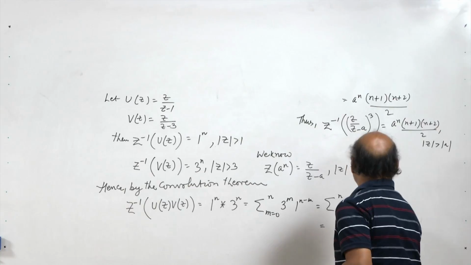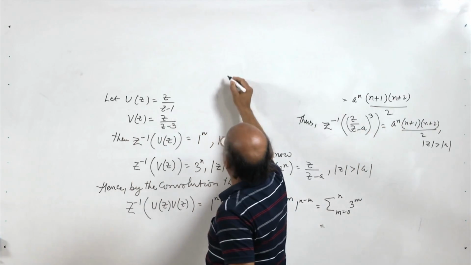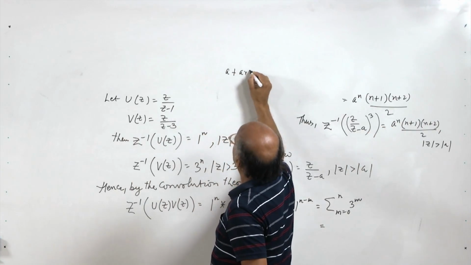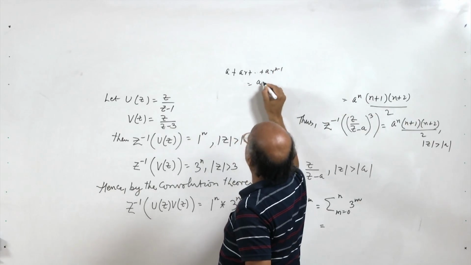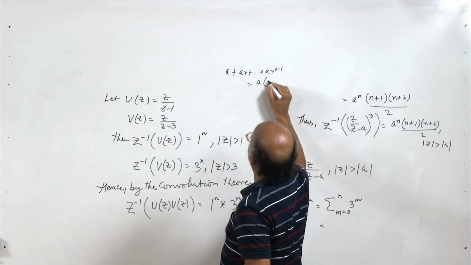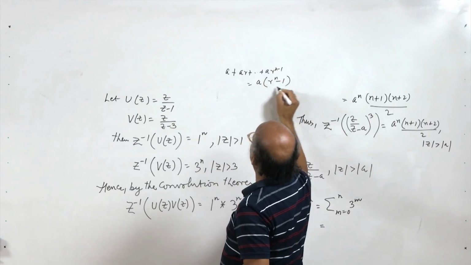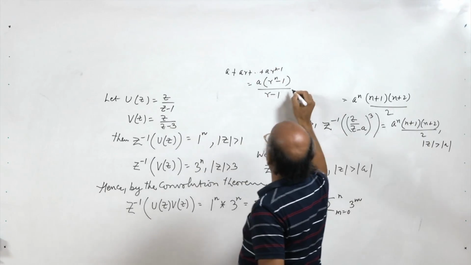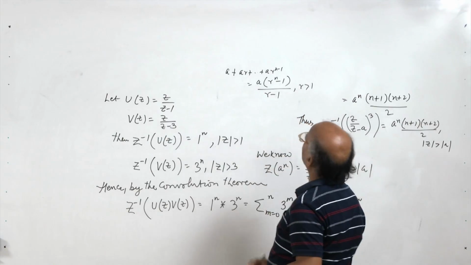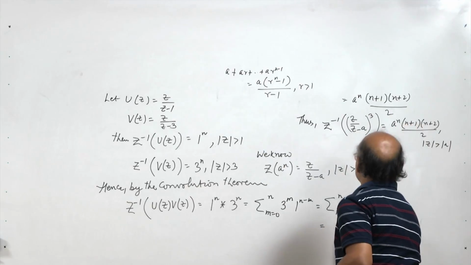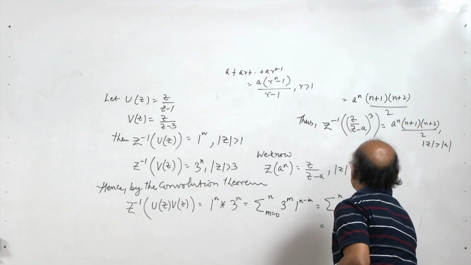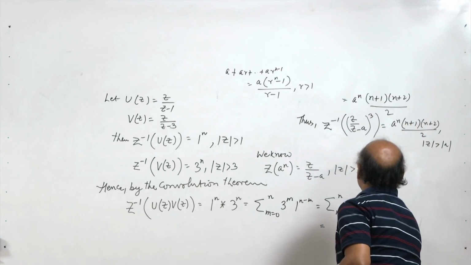So we apply the formula: we know that a plus ar and so on up to ar^(n minus 1) has sum a times (r^n minus 1) divided by (r minus 1) when r is greater than 1. So here we have r as 3, and a is equal to 1. So we have (3^(n+1) minus 1) divided by (3 minus 1).